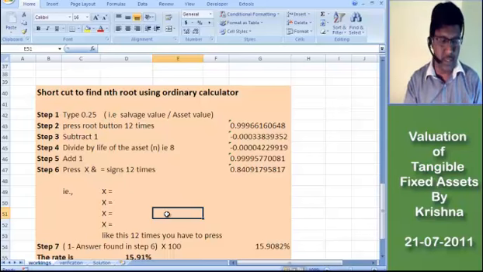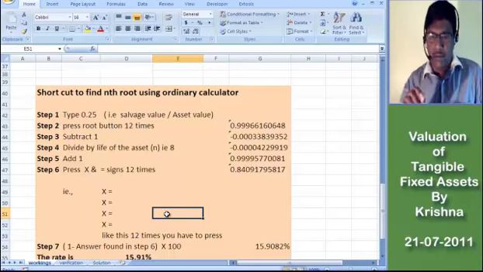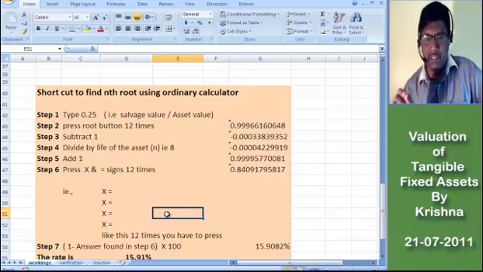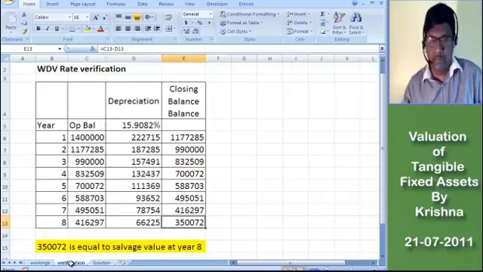If we apply this rate in the WDV method, we will land at the end with 3.5 as the salvage value balance at the end of the 8th year of the mission. I will show the verification for this rate. See the verification table. So 14 lakh I have taken as the cost.